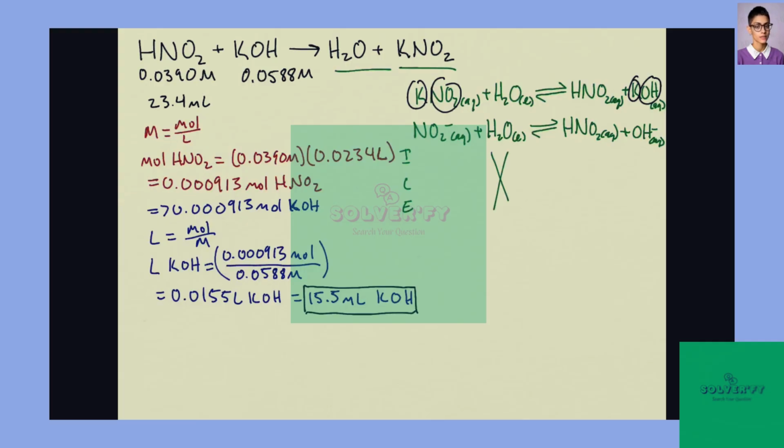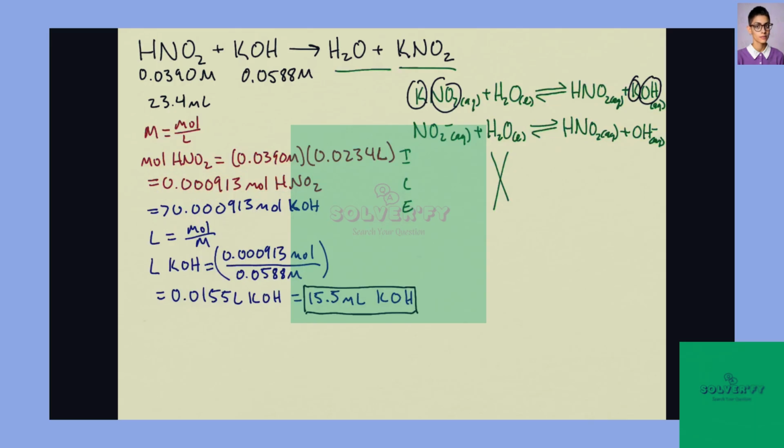So we know that in order to reach the equivalence point, we reacted 0.000913 moles of HNO2 with the same number of moles of KOH. Since there is a 1-to-1 ratio of each of these with NO2 minus, we know that there will be the same amount of moles of NO2 minus at the equivalence point.